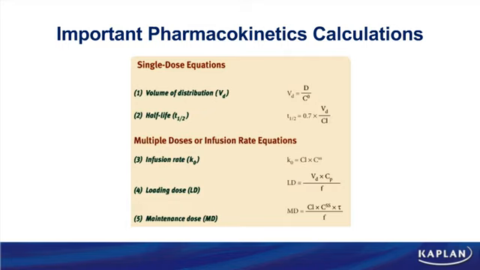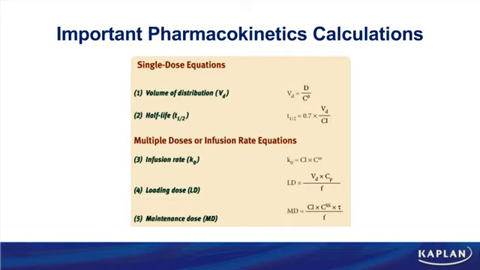If I'm going to give them a loading dose, however, a single dose, I'm not as concerned about clearance as I am about where the drug distributes. So volume of distribution is more important for me to include in my loading dose calculation. Make sure you pay attention to differences in the way we use those two variables. The maintenance dose equation also uses the variable tau. Now, tau is your dosing interval.